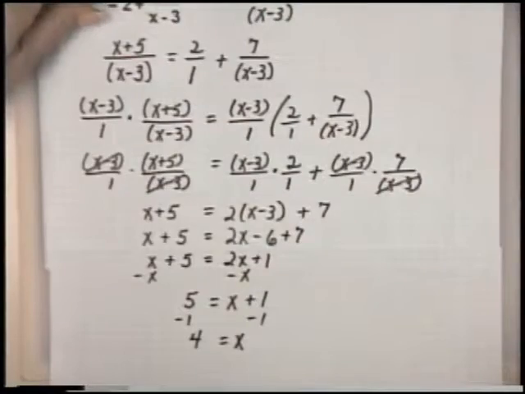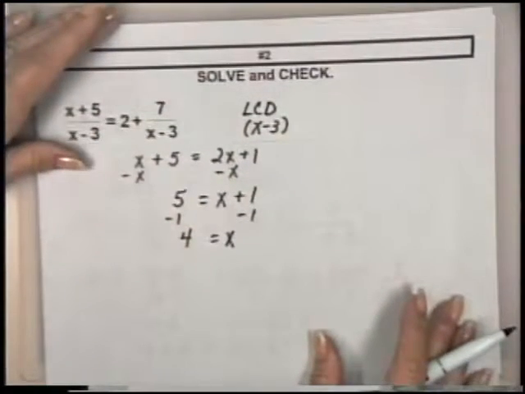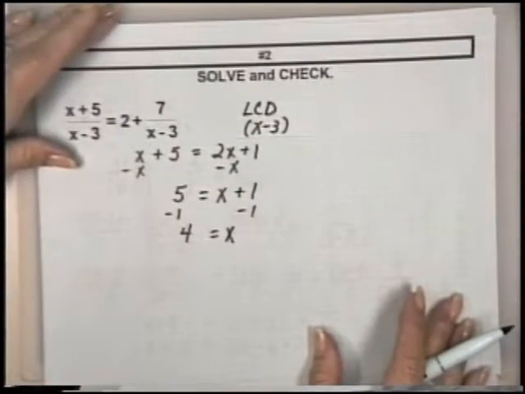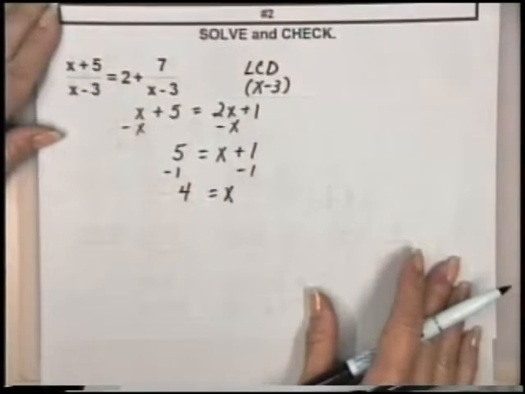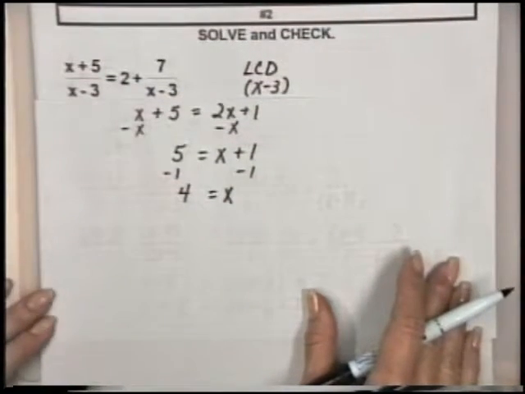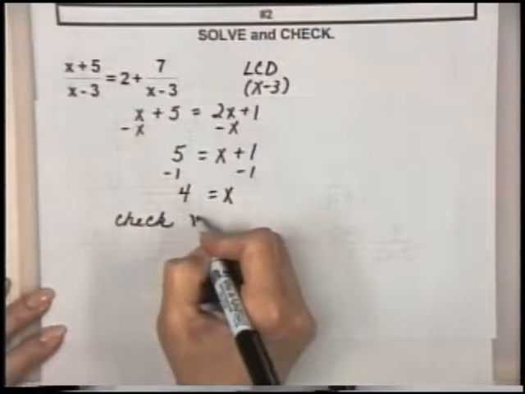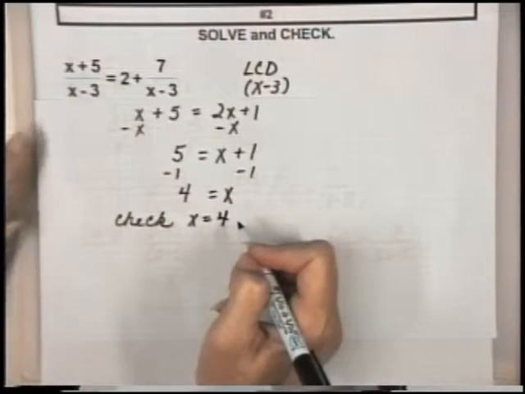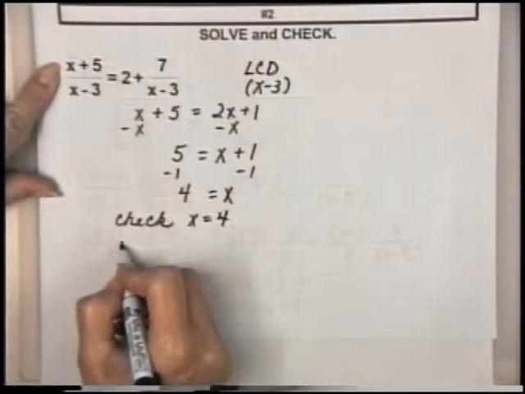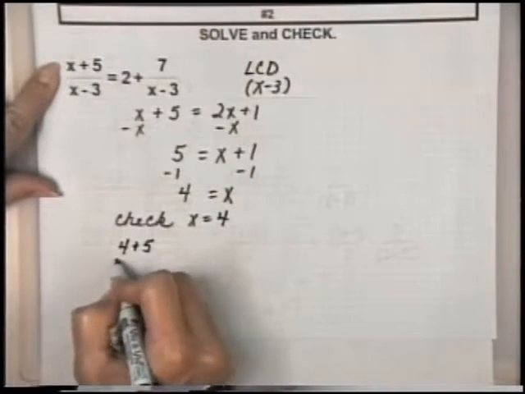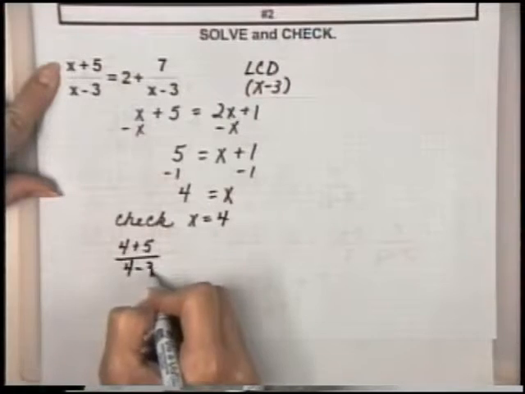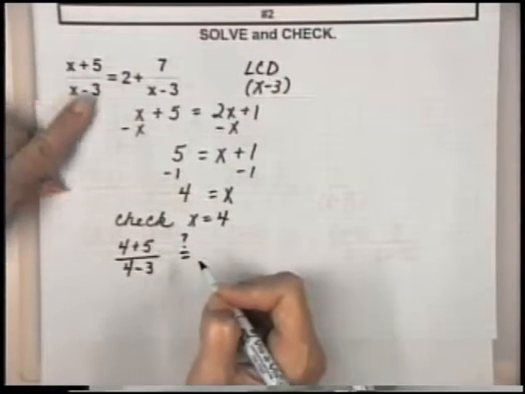Let's check it in the original equation. I will have 4 plus 5 over 4 subtract 3.